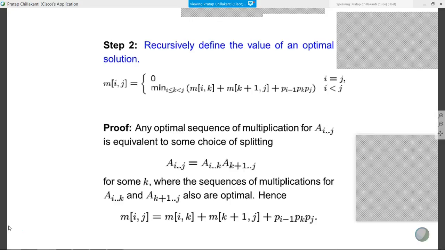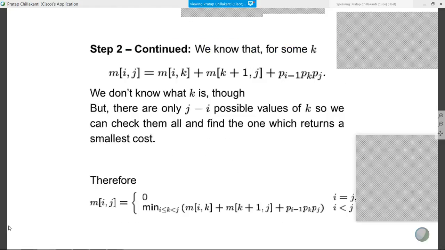So you're computing the minimum cost of multiplication from i to k, plus the minimum cost of multiplication from k plus 1 to j, plus the dimensionalities, remember the P Q R: P i minus 1, P k, P j. So you take the minimum over all of those. That's what the formula is saying. Don't worry about the proof here unless your syllabus dictates that we have to prove stuff.